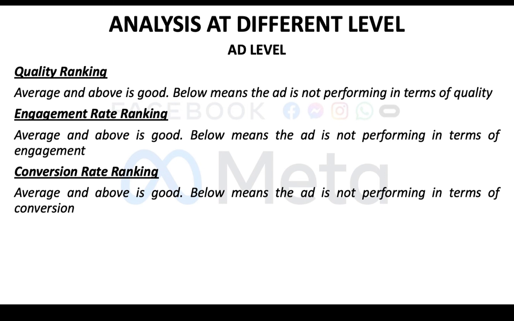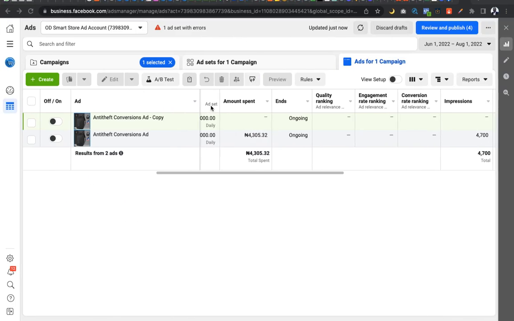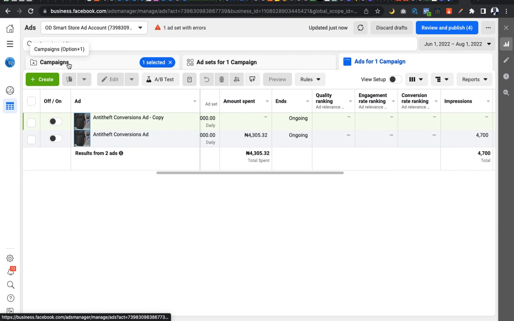Furthermore, there is some analysis we need to look at very quickly. Further analysis: it says at the campaign level, while still on performance and clicks, you can further break the result analysis down by delivery, then by age and gender, to know how the ad has performed among different ages and genders. This is what that line is trying to say.